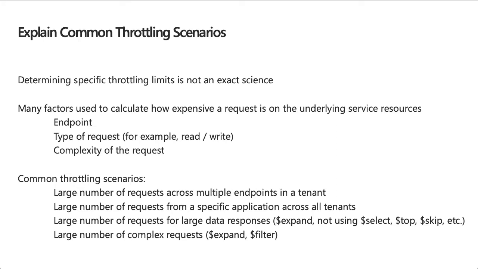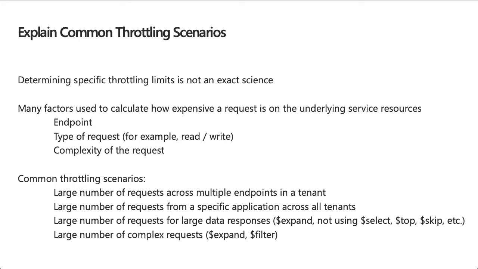Is the request a read operation or is it a write operation? What kind of data are you looking for, and how complex is the request? So here are a few examples that can experience throttled requests. If you issue a large number of requests across multiple endpoints in a tenant, or a large number of requests from a specific application across multiple tenants, you might get throttled.